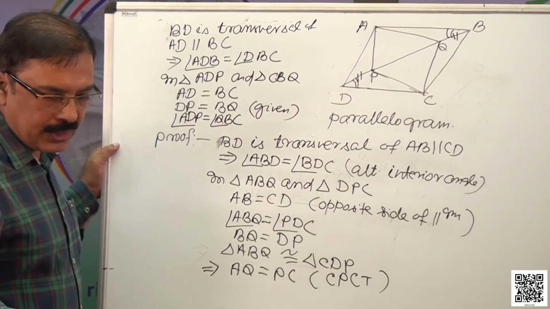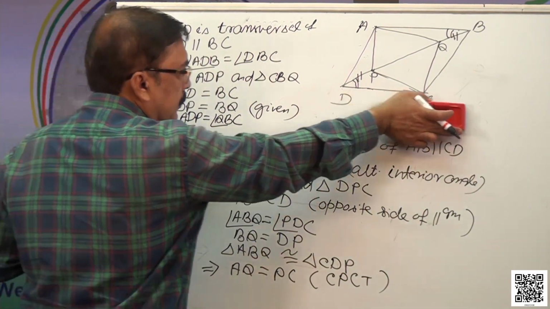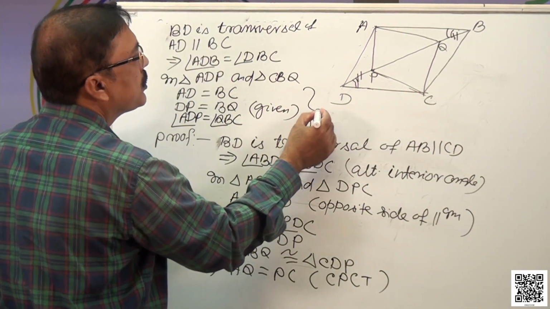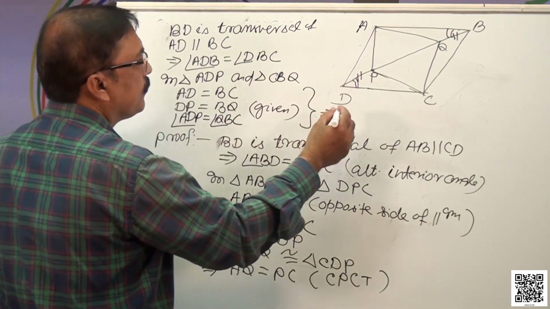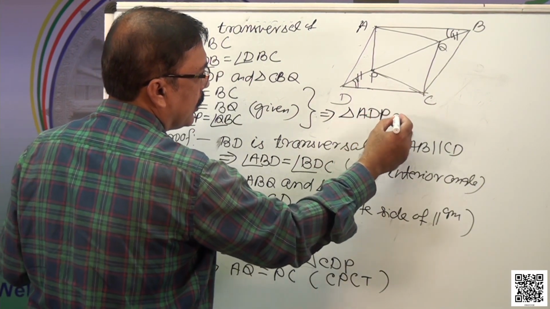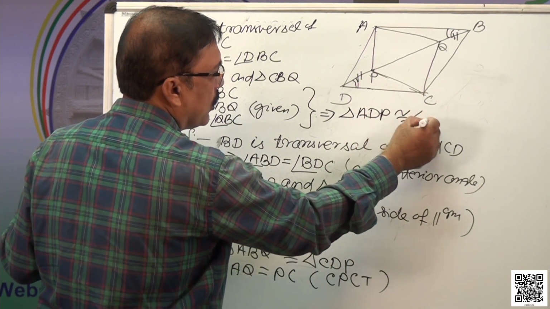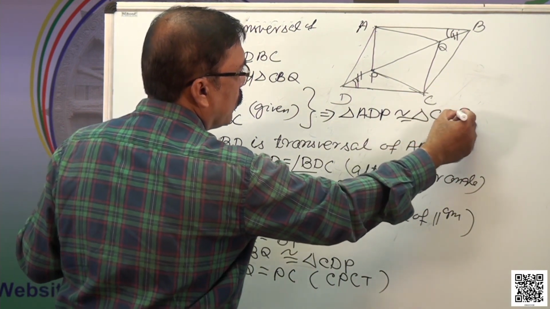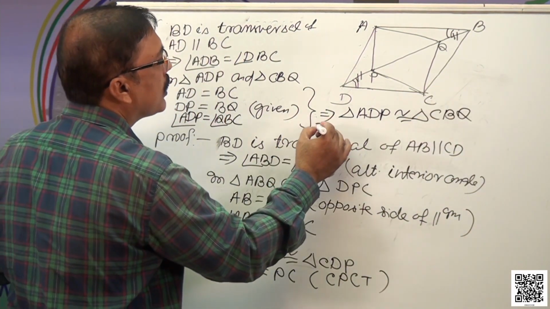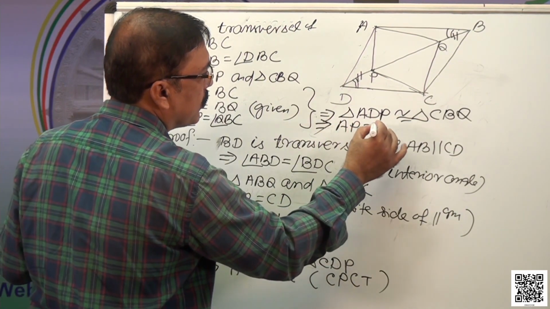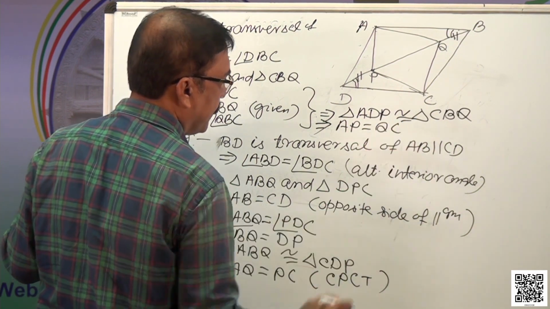So these three conditions state that triangle ADP is congruent to triangle CBQ, which again gives that AP is equal to QC.